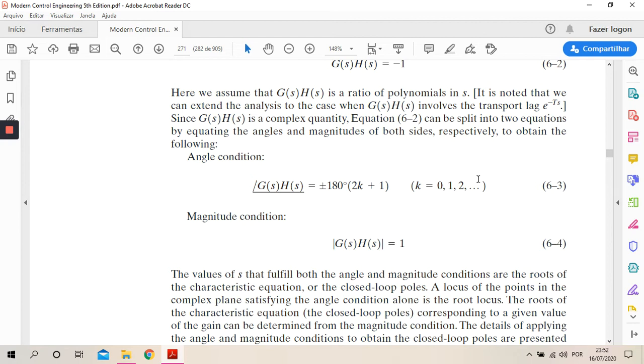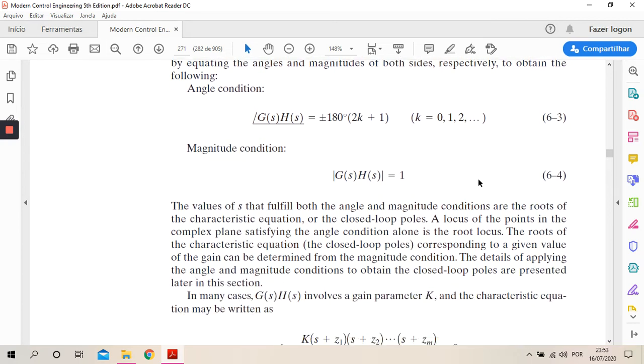Since G(s)H(s) is a complex quantity, equation 6-1 can be split into two equations by equating the angles and the magnitudes of both sides, respectively, to obtain the following.